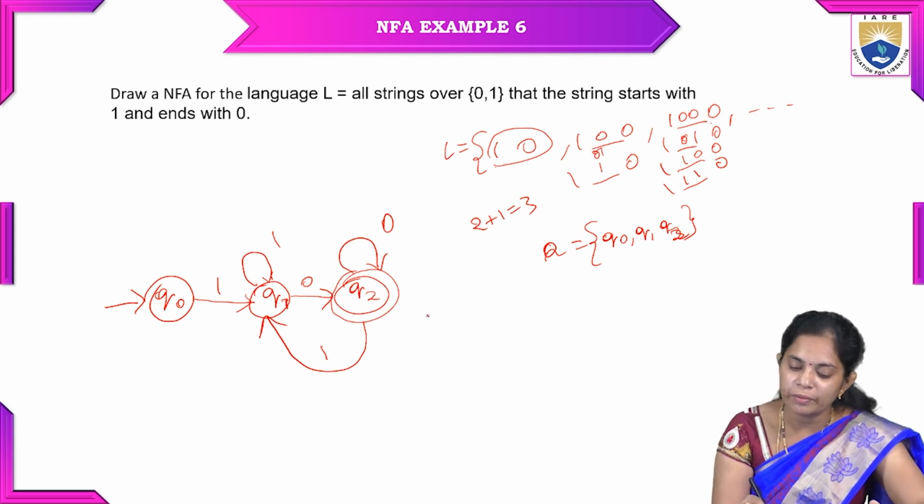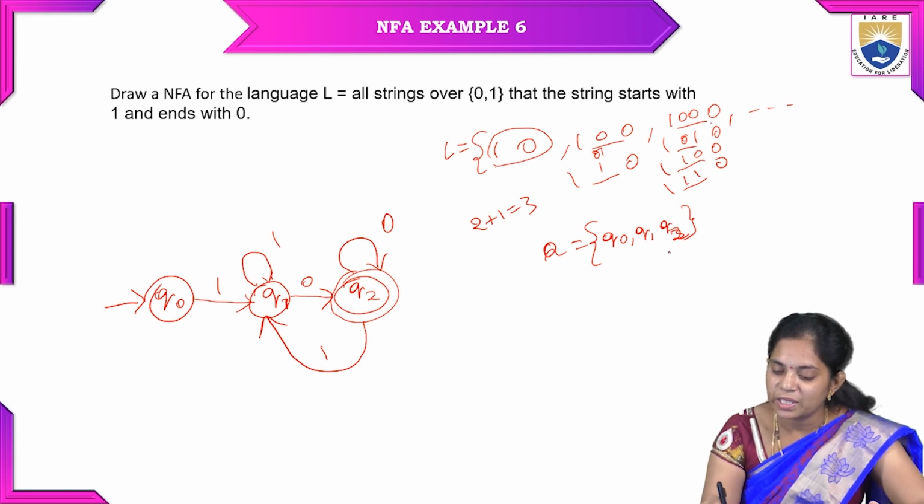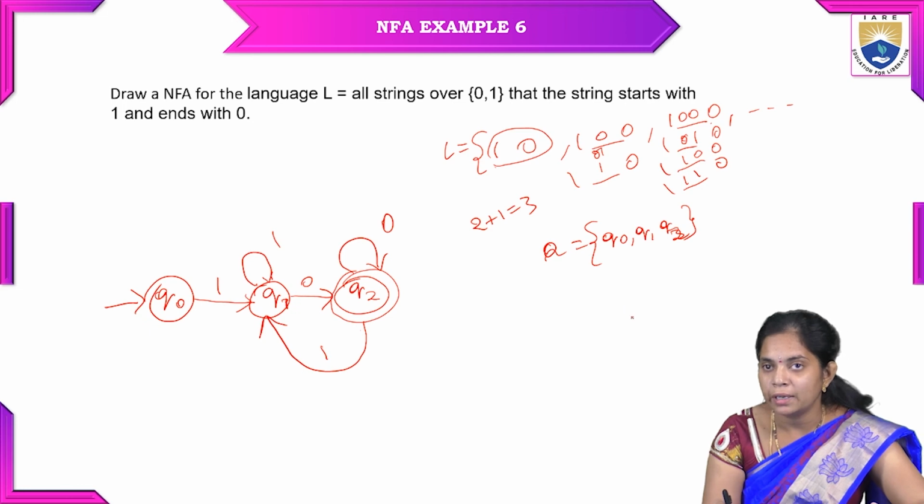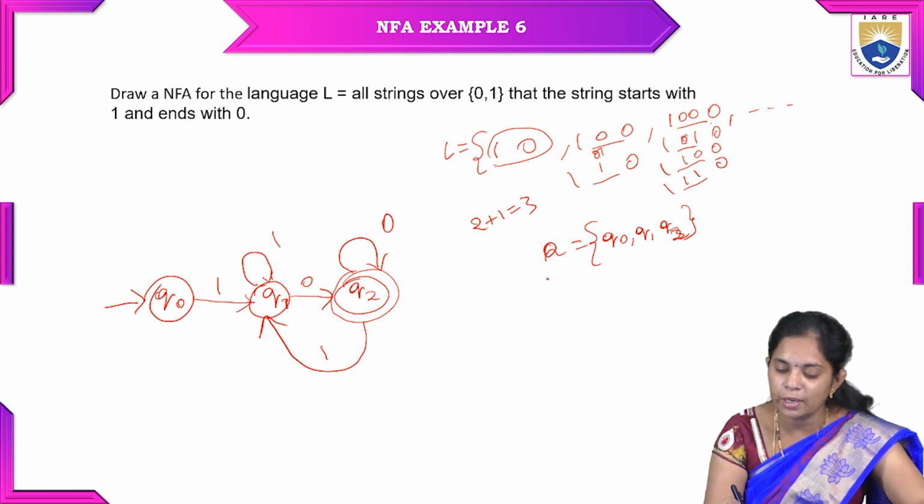For the same thing, what are the states we already wrote. How many states we require: the minimum length is 2 and 1 is added, so the minimum length is 3. So here 3 states are required. And the transition delta. For the delta transition we require the states Q0, Q1 and Q2, and the input symbols 0 and 1.